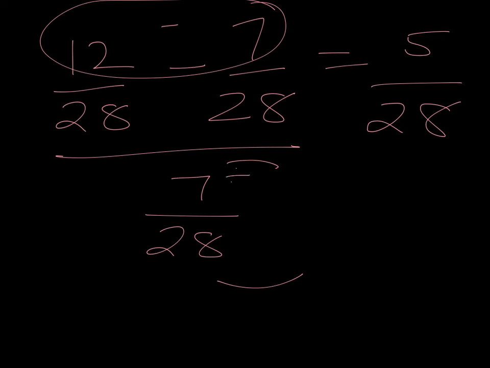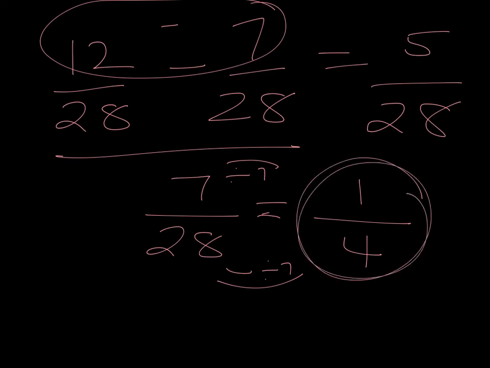So all I have to do is divide each of these by the same number, and if it's a whole number, then I found my reduced fraction, right? So 7 divided by 7 is 1, 28 divided by 7 is 4. So my fraction here, 7/28, in lowest terms would be 1/4.